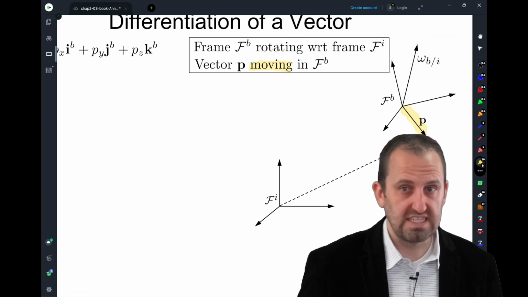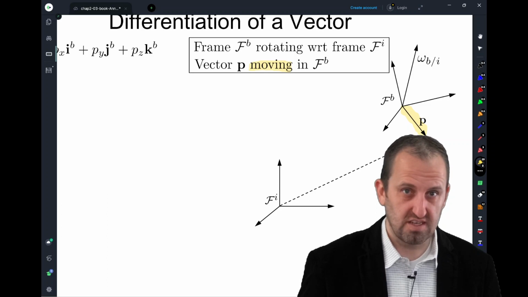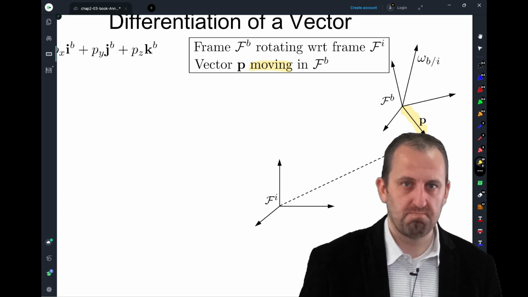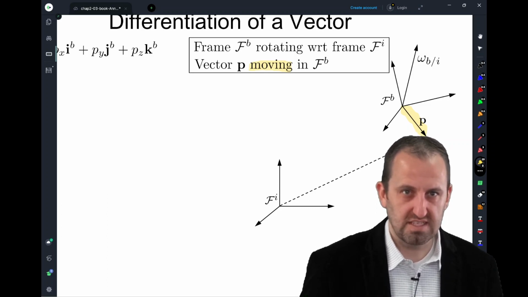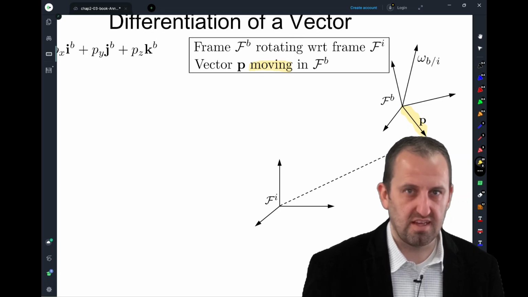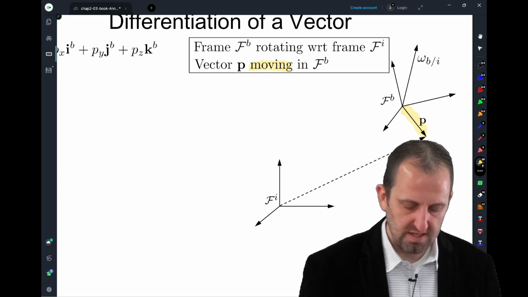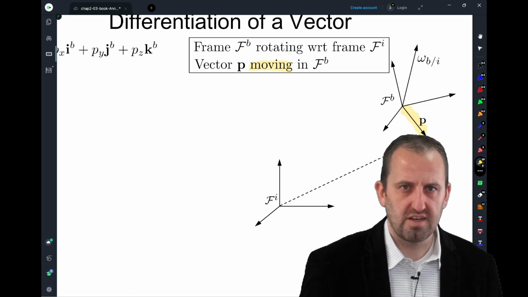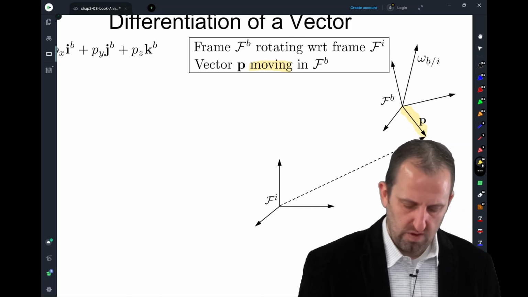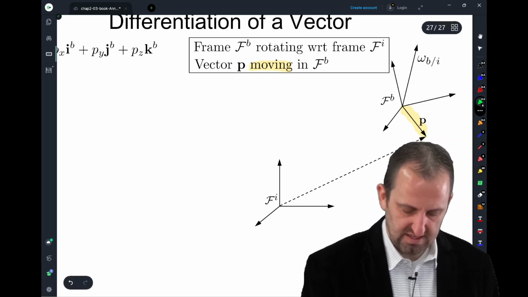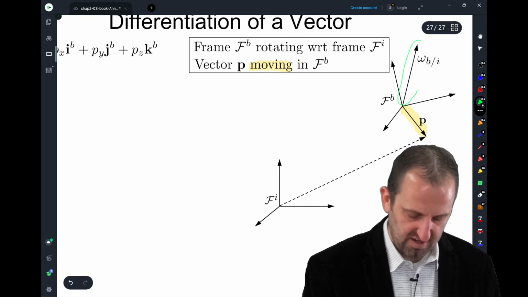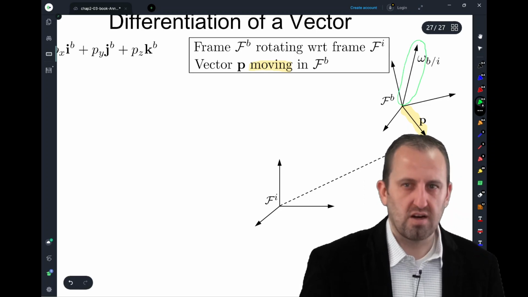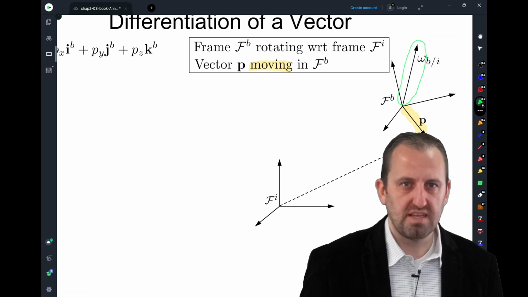So note that it's not fixed in the body frame. We know how it's moving in the body frame. And we want to know what its time derivative is in the inertial frame. So to relate the inertial frame and the body frame, we have this other vector, sorry, not axis. This is going to be our omega b sub I.